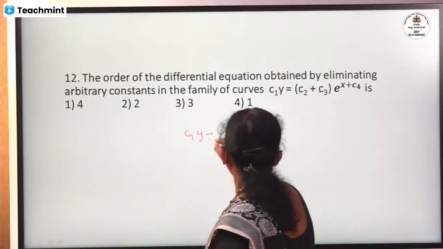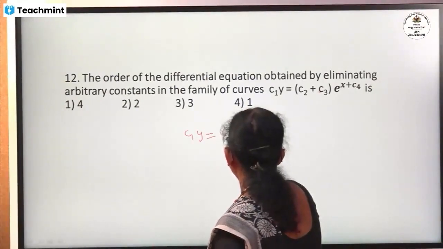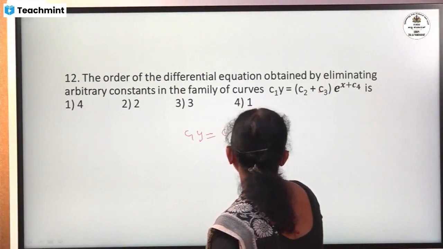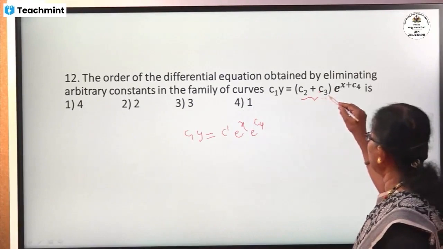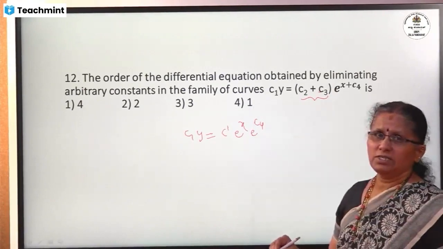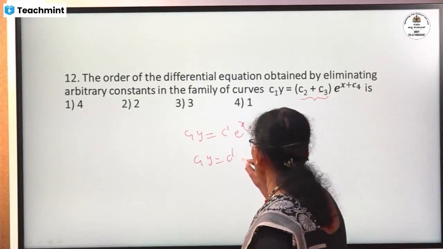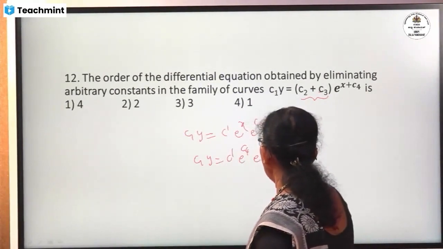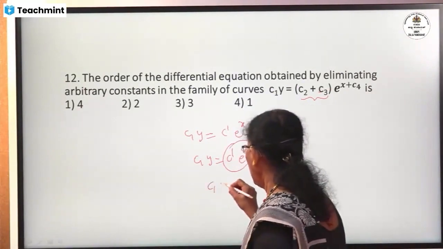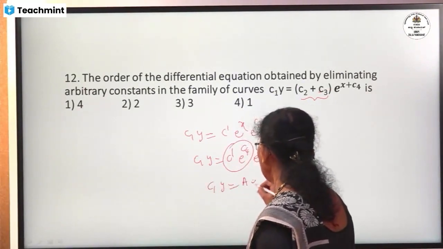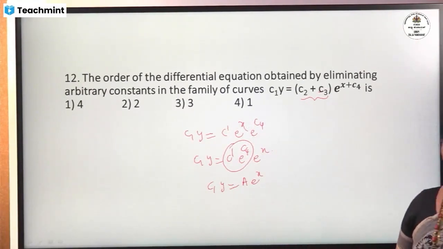Can you see that I can write C2 plus C3 as some C dash, e power x, e power C4. This C2 plus C3, I will take as C dash. Now what I have is C1y equals C dash e power C4 e power x. Now this C dash e power C4, I will take as some A. So C1y will be A e power x.